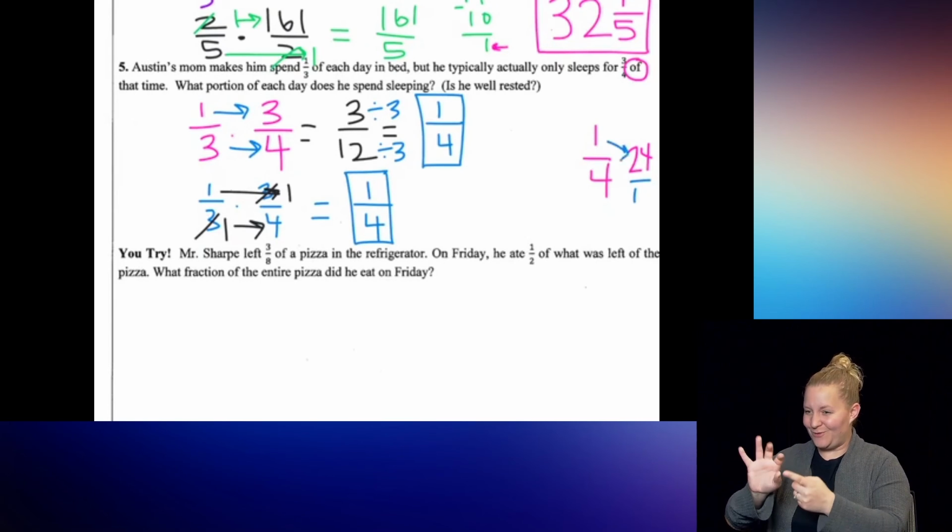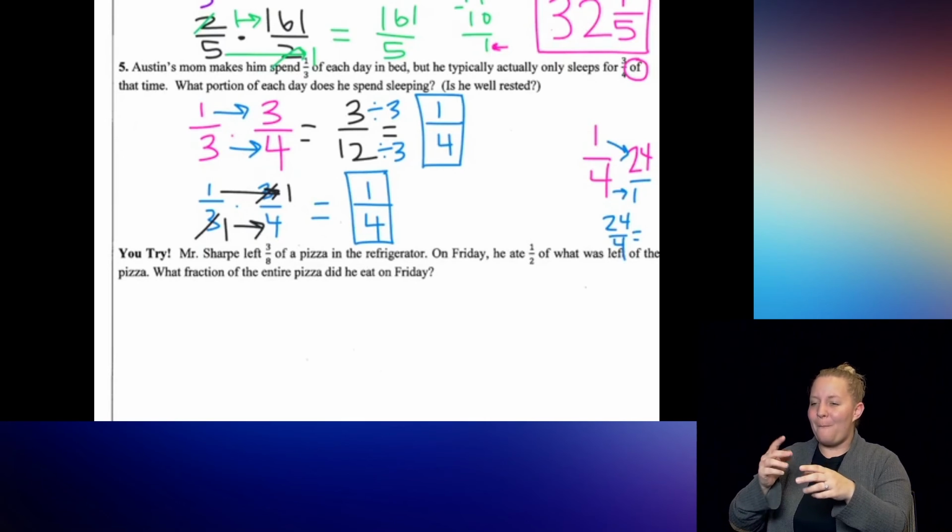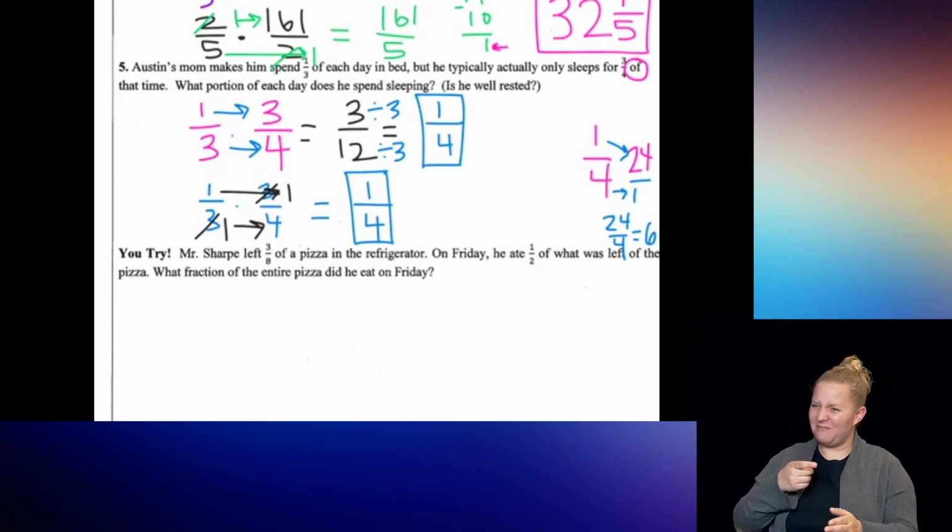So if I multiply this straight across, I end up with 24/4. And we know what 24 divided by 4 is. Our final answer is 6. So he only sleeps for 6 hours out of each day. Is he well rested? Depends on the human and what you think. Personally, no. I need me some 8 hours of sleep for sure.